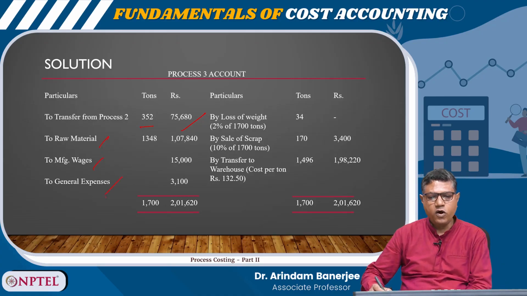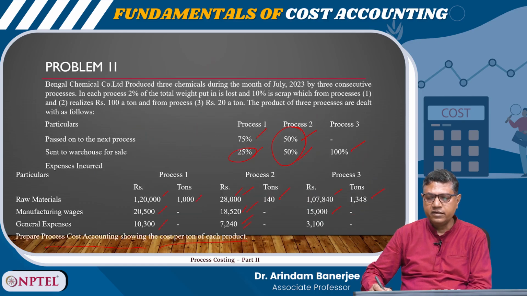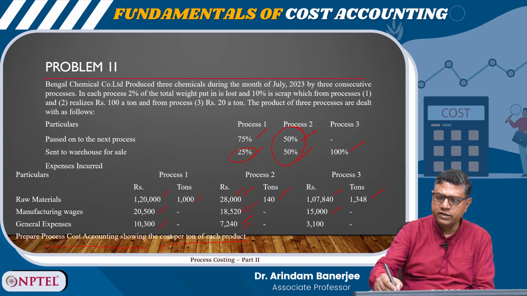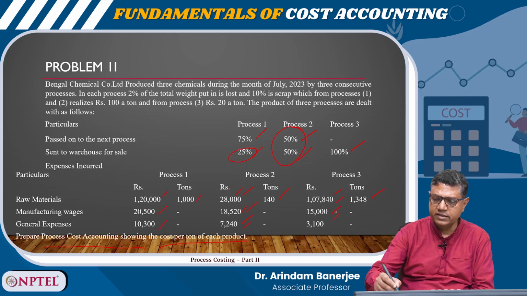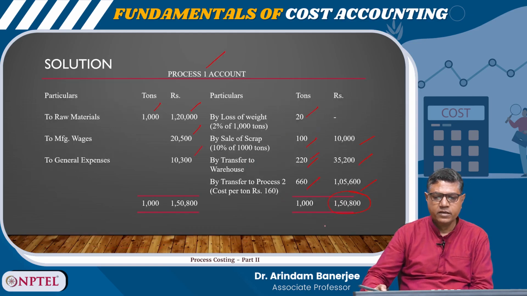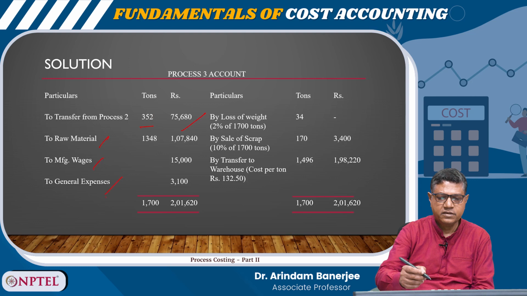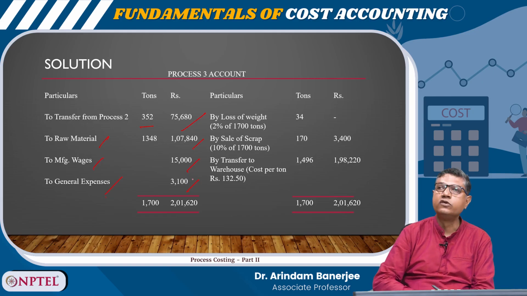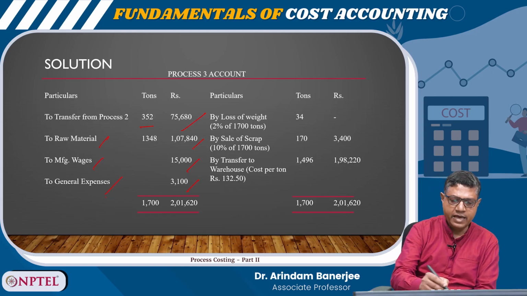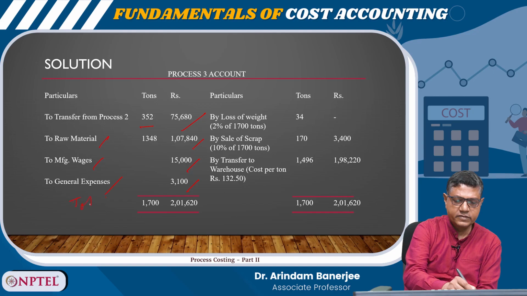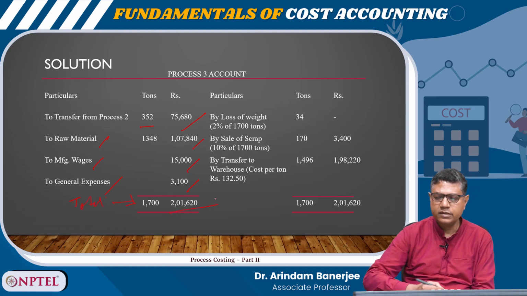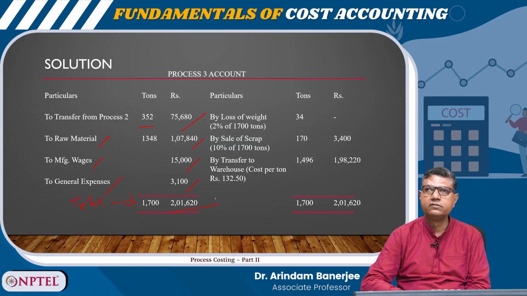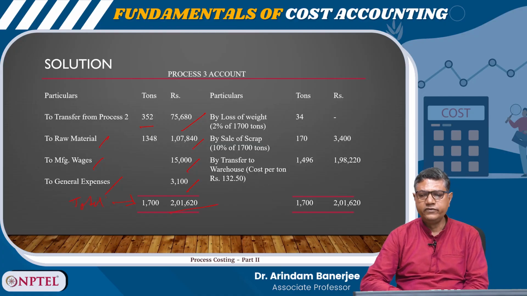The raw material is 1,07,840, manufacturing wages 15,000 and general expenses 3,100. If I add, I get the total here: 2,01,620.